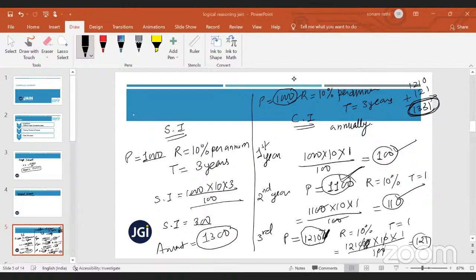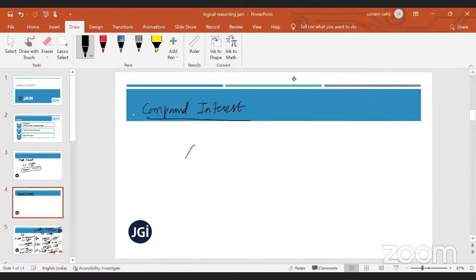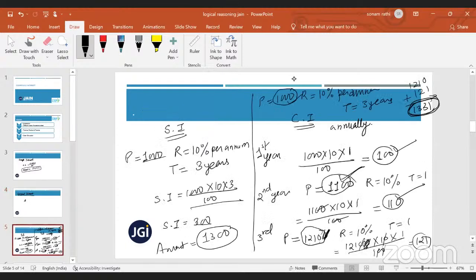Now let's get the formula. Now you don't have to do this 1 year, 2 year, 3 year separately. There is a direct formula for this.